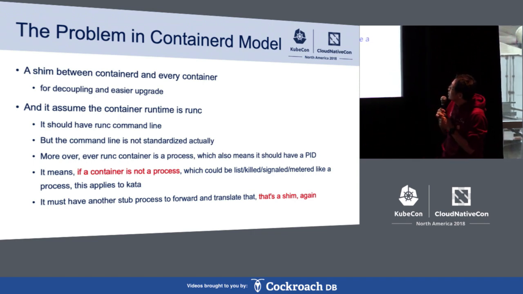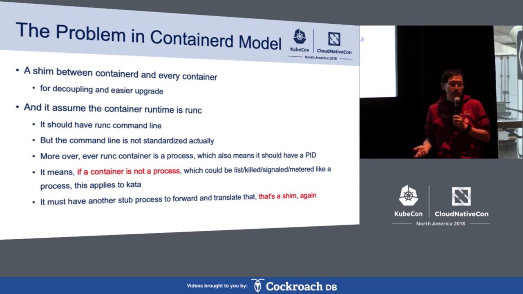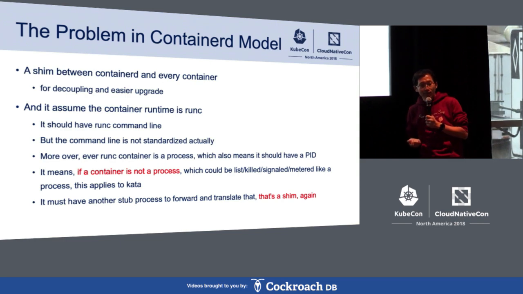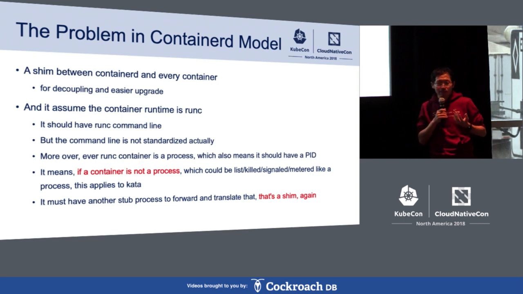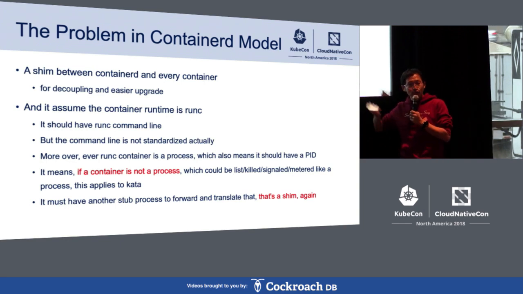But here, we cannot know which process to kill. That's the case. So we have to implement another process called the Kata shim that has a PID. When it gets the signal, it will forward the signal to the process inside the sandbox.